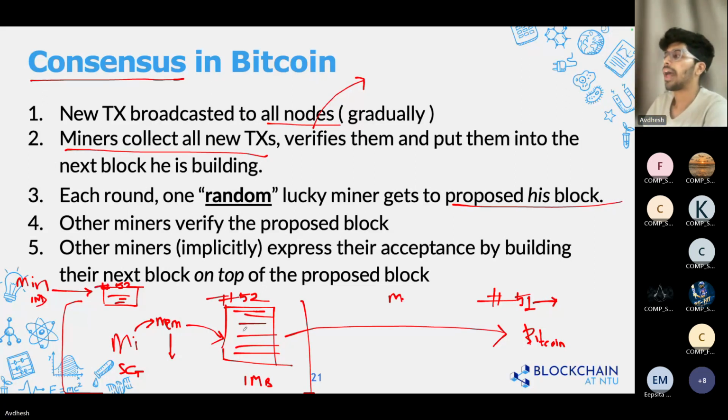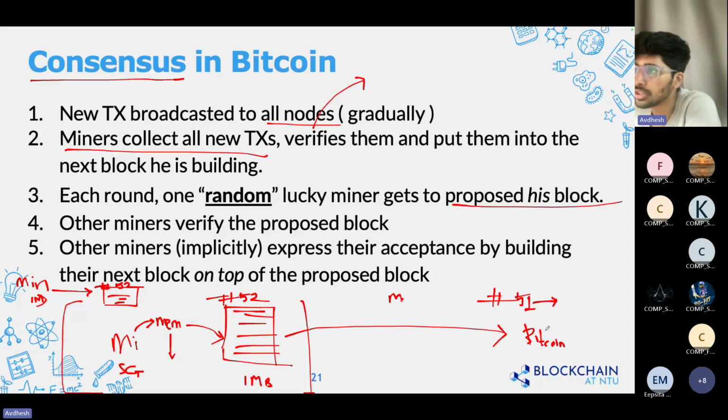So there will obviously be confusion. If there is a miner here who is also proposing block number 52 with different transactions as compared to a miner sitting in Singapore who is also proposing block 52, how will the blockchain decide which one to append to the main system?